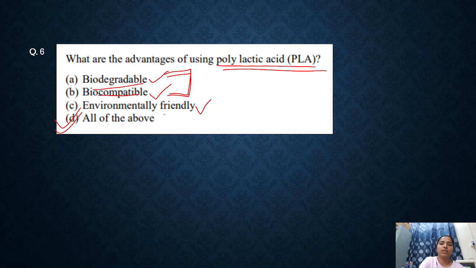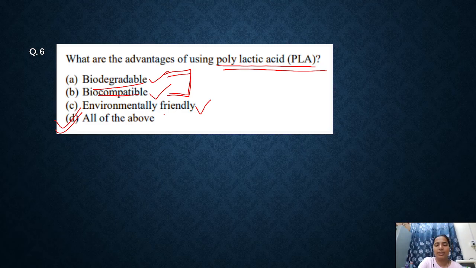Biocompatible is that it suits any biosystem. Biodegradable means it consumes, it disappears. Like it degrades. Yeah, it can be degraded by any biological system. Yeah, correct, this is correct.